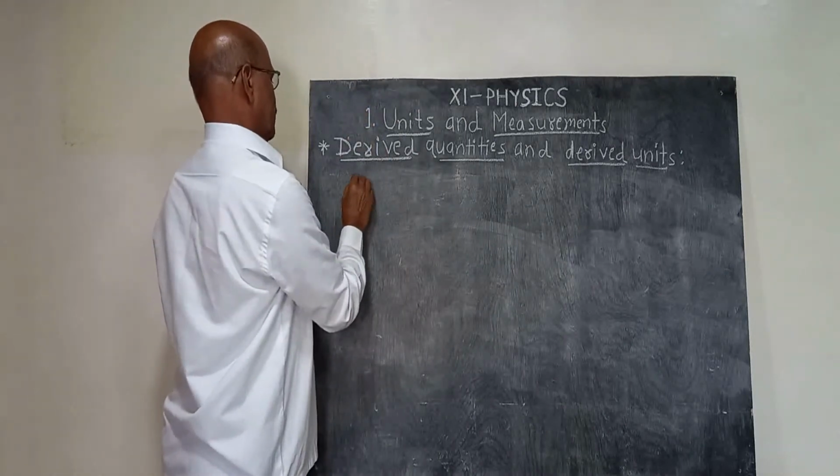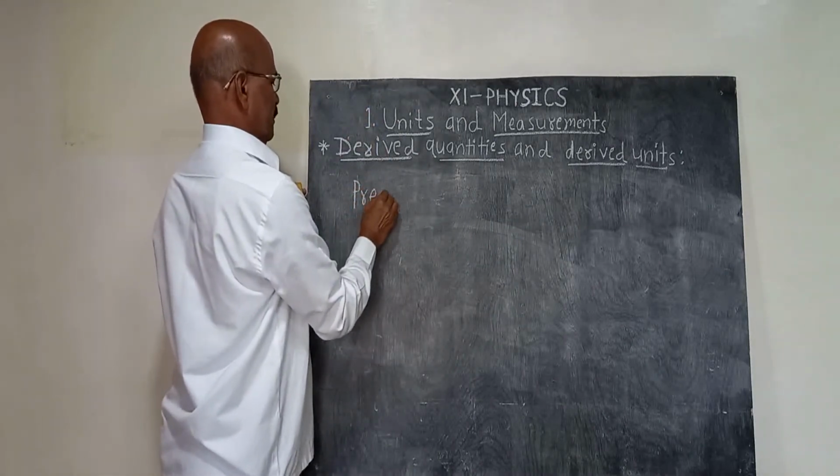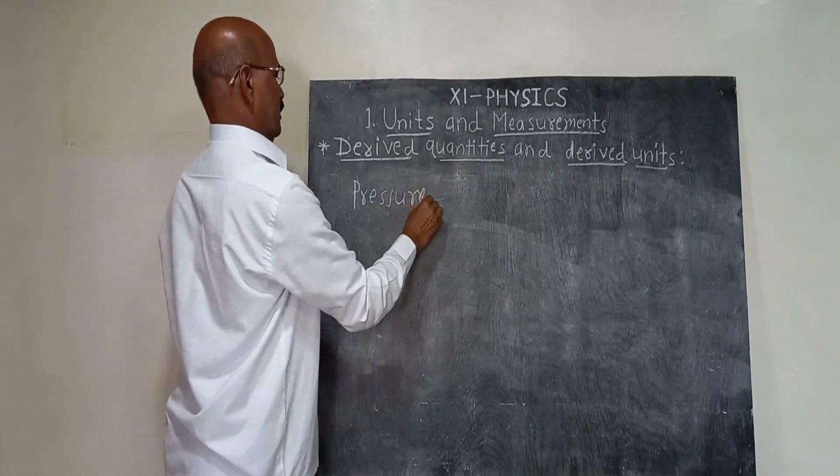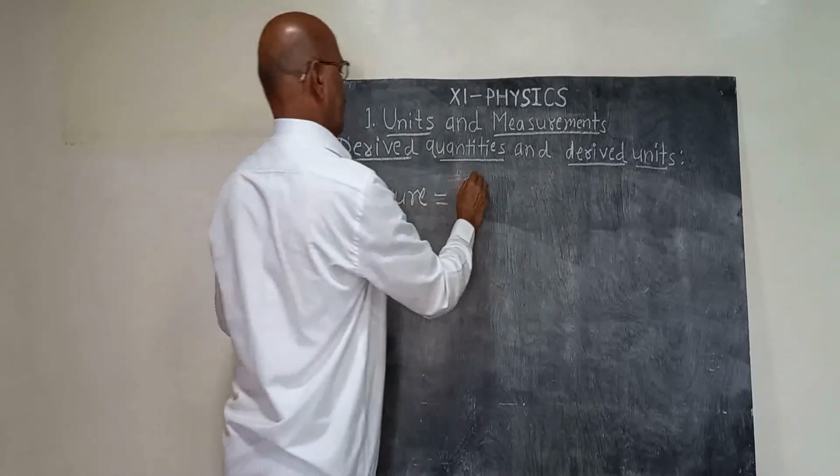Then another derived quantity is pressure. Pressure means force per unit area.